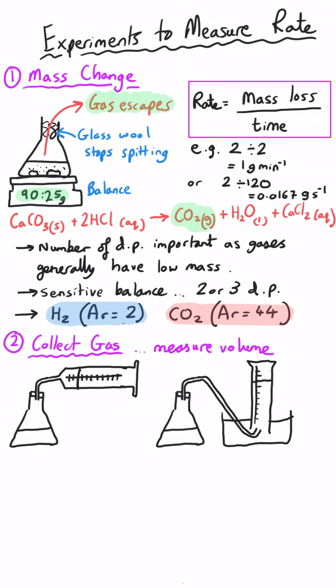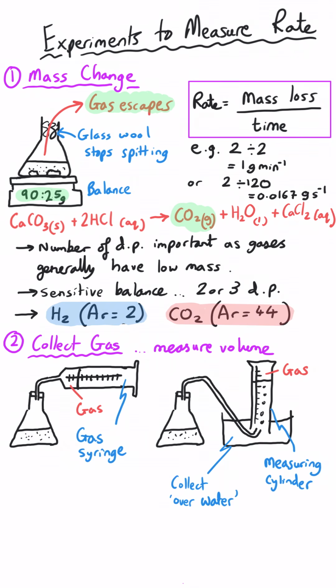We might need to actually collect that gas that was produced using a gas syringe as shown on the left, or collecting the gas over water as is shown on the right-hand side.